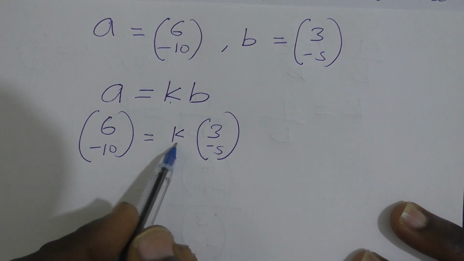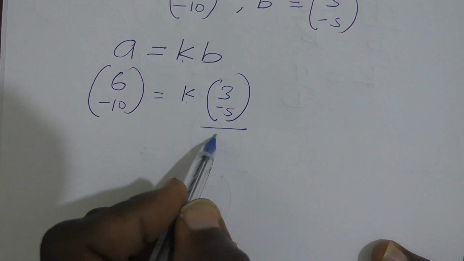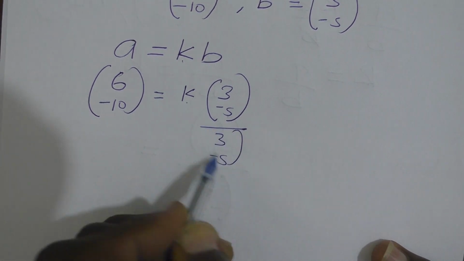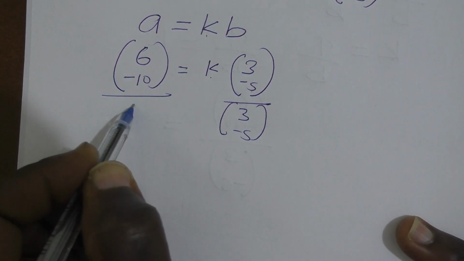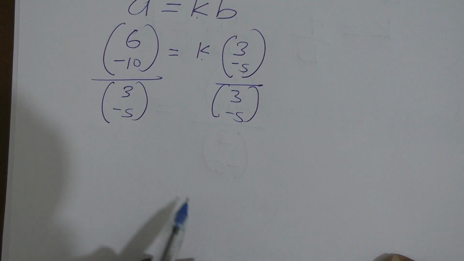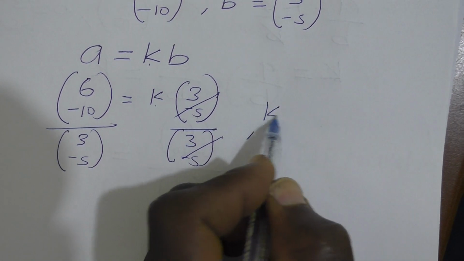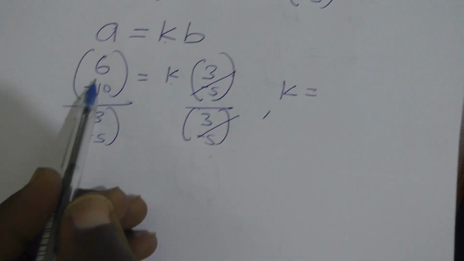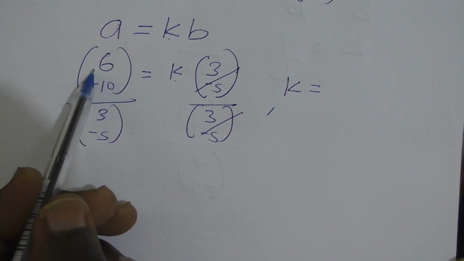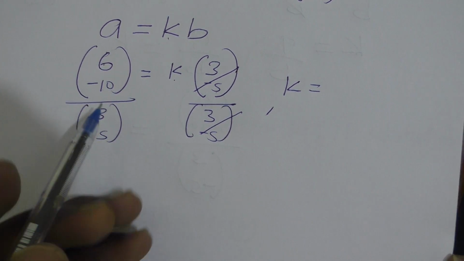So, can we find the value of K by simply dividing (6, -10) by (3, -5)? You notice that 10 and 6 have a common factor, which is 2.